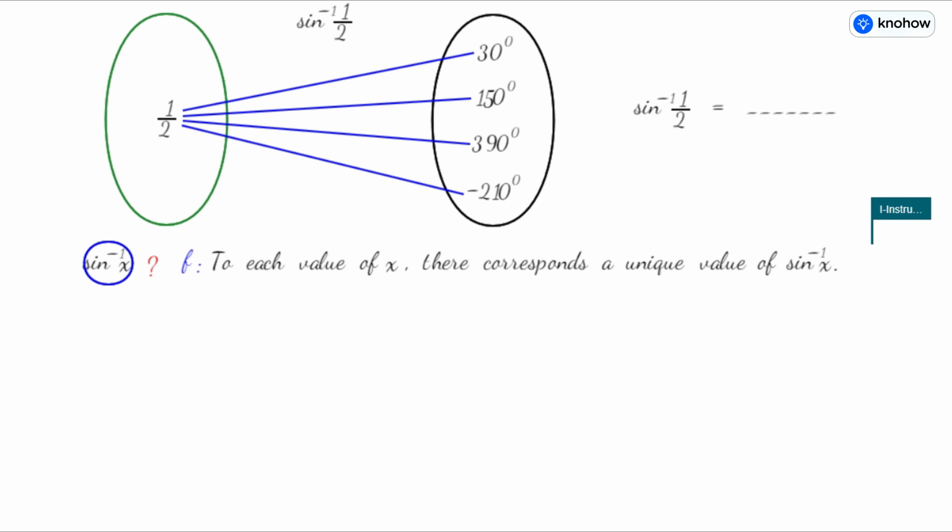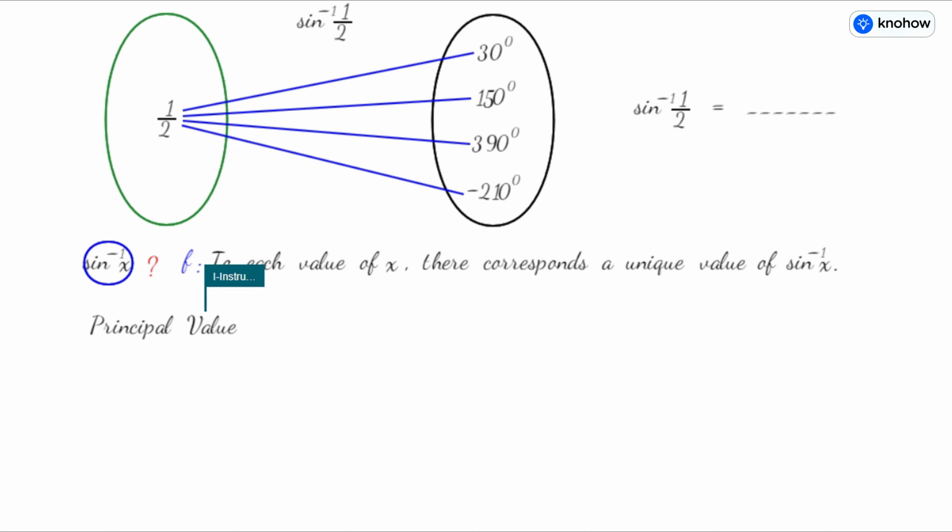They are functions, but we have to confine the value of sine inverse x to a certain particular interval. These intervals we'll call the principal value branch.